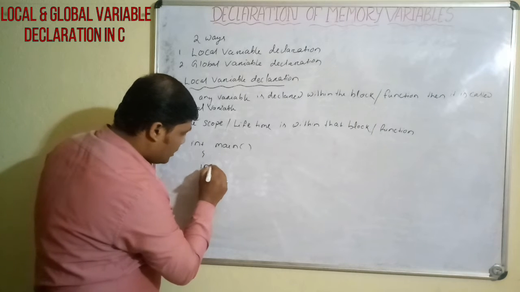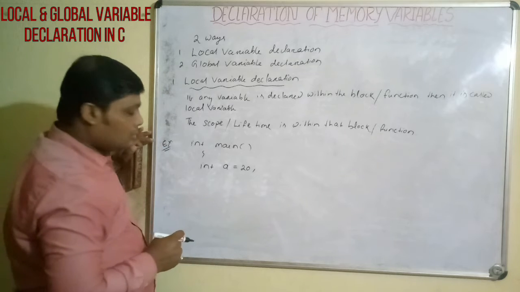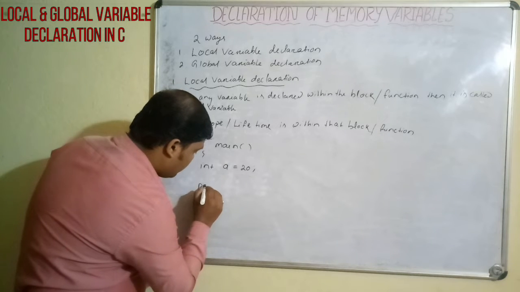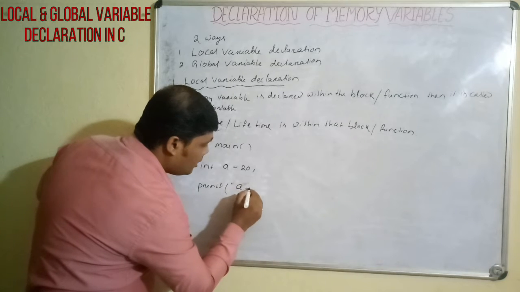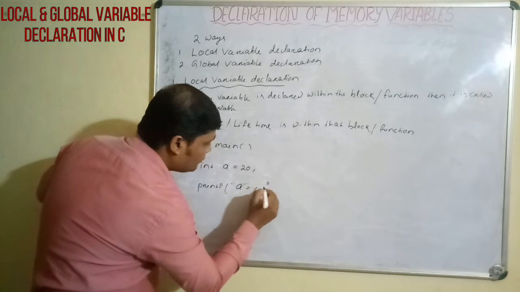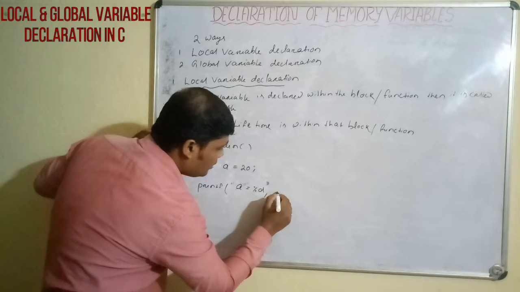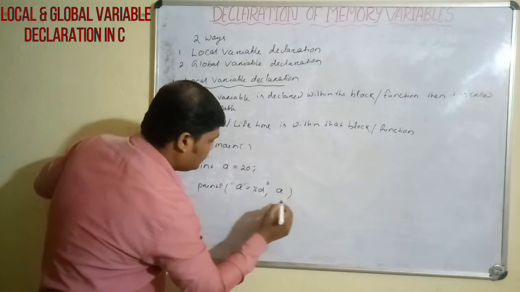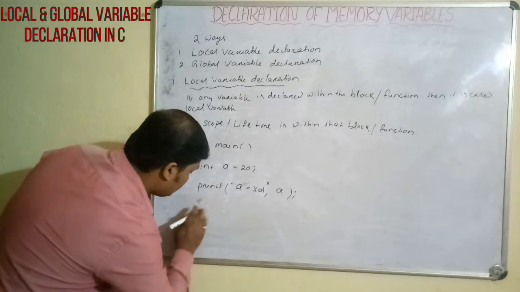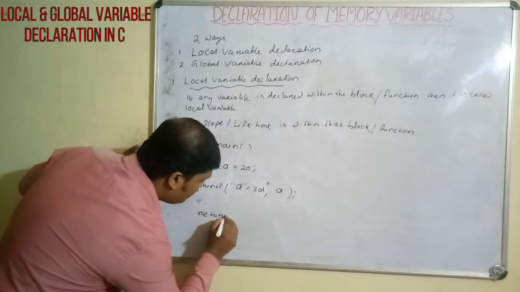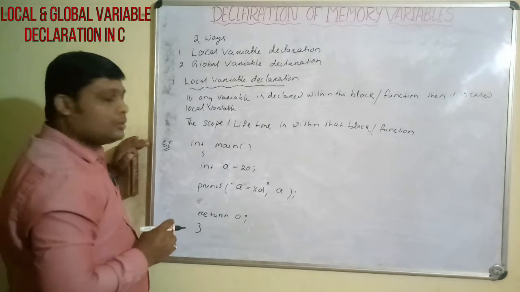Here I have declared integer, suppose a equal to 20. Clear? Now printf a equal to percentile d, then a. Then this is integer main, just write return 0. Clear? This is small code.